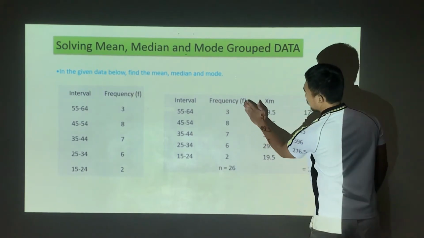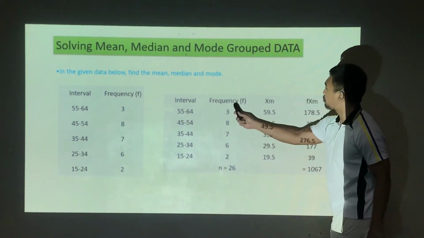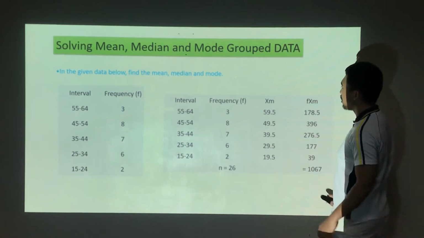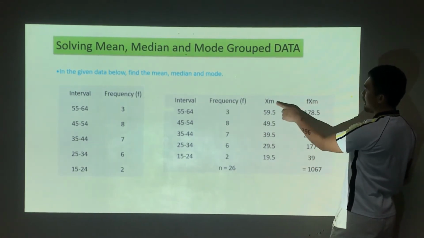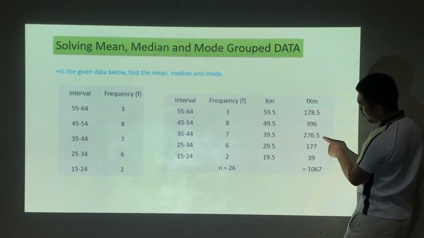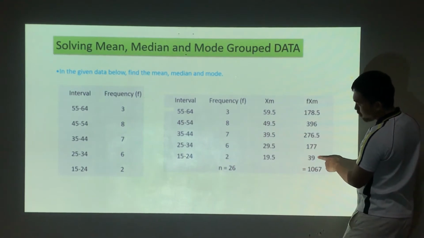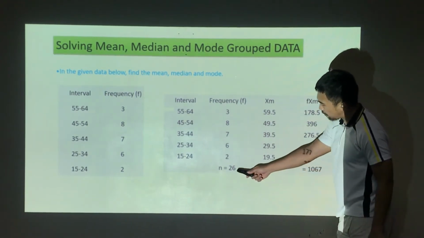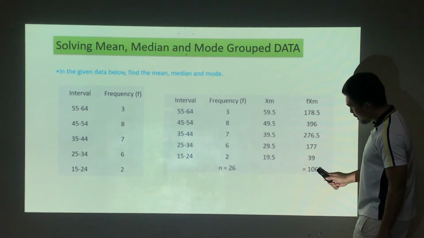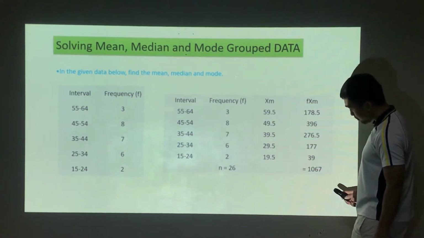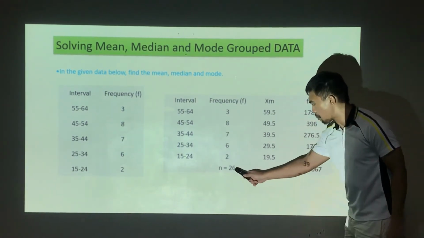We just multiply frequency times the class mark, which is f times xm. So it will give you these numbers. If you notice, we have 26 here and 1067. How did we get these numbers?